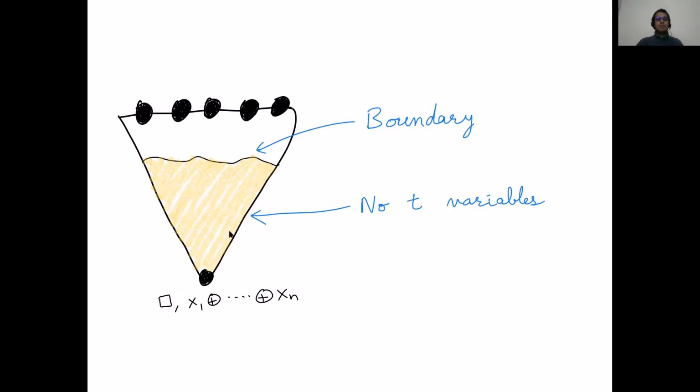For example, this last line, the clause part is empty, it does not have t variables. There may be other nodes above this in which the clause part also does not have t variables. That would be this yellow region, and this is the boundary of this region.